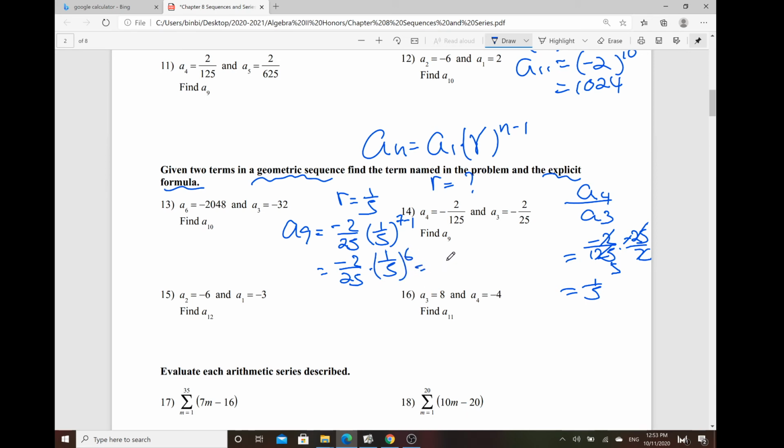So this one is going to be a huge number again. So eventually it's going to be negative 2 over 25 times 5 to the 6th power. Okay, let me just do that here. So 5 to the power of 6 is 15,625 times 25.